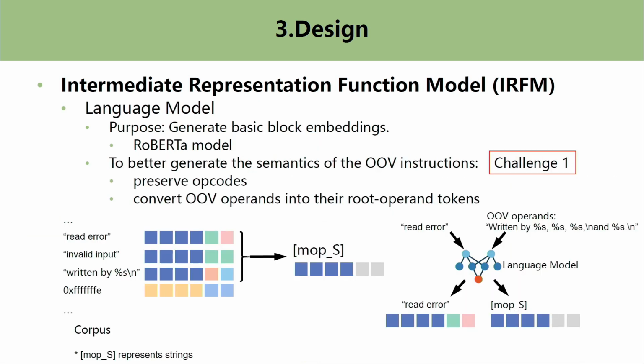The fourth part is the GCN layer. We use a GCN model to integrate CFG structure and basic block embeddings to generate function embeddings. Here we consider basic blocks as nodes and jumps as directed edges. The GCN model aggregates block embeddings and uses graph pooling to generate function embeddings.